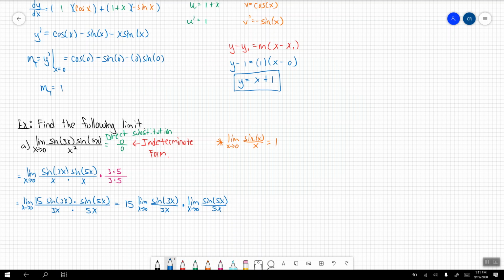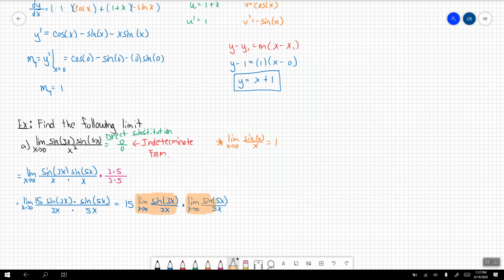And now we can see, look at the first limit. It has the same feel as the limit we looked at for the top right-hand portion of part A: the limit as x approaches 0 of sine of x divided by x is equal to 1.